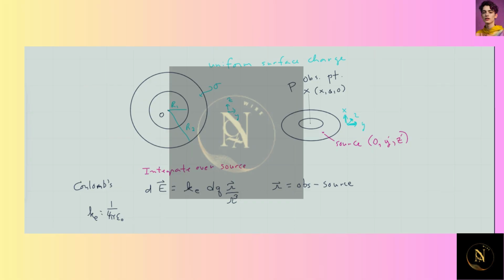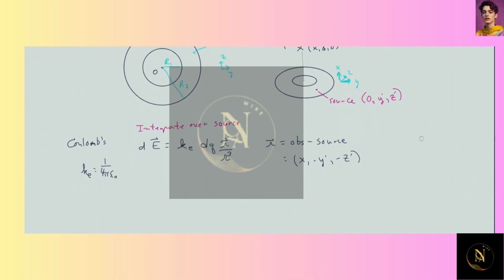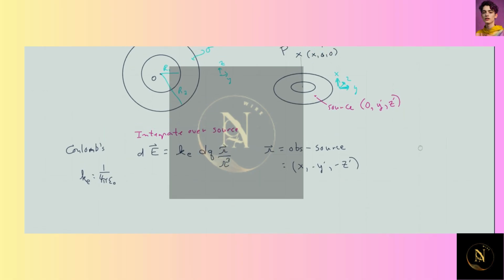Okay, so we can write down what this goofy looking R looks like. It is x minus y prime minus z prime. Okay, now for some simplification. The electric field is going to cancel in the YZ plane. Why?